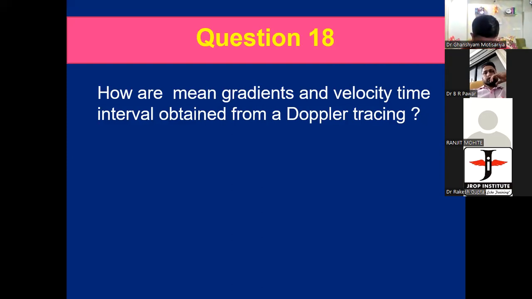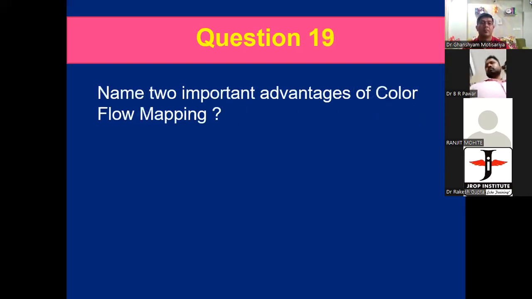To get the area, we divide LVOT VTI times LVOT area by aortic valve VTI. We'll be telling you all these things again and again, but we want you to have a very good idea before you jump to practical echo. Till now, we are talking about the basics of echocardiography.